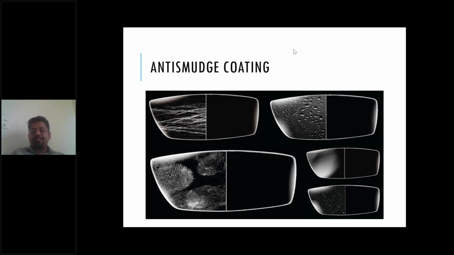It is also water repellent. Anti-smudge lenses are already coated with an ARC, which reduces reflection, and it is dust repellent, meaning it is anti-static. It will not attract any kind of dust; it will just repel it.